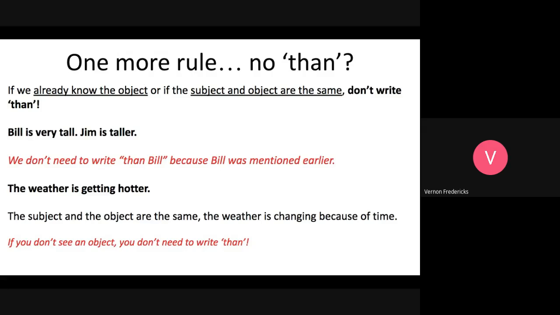We're talking about the weather today and the weather last week. I don't need to repeat it, students, because my subject and my object are the same thing.